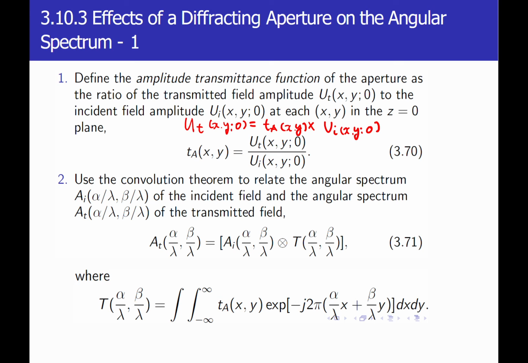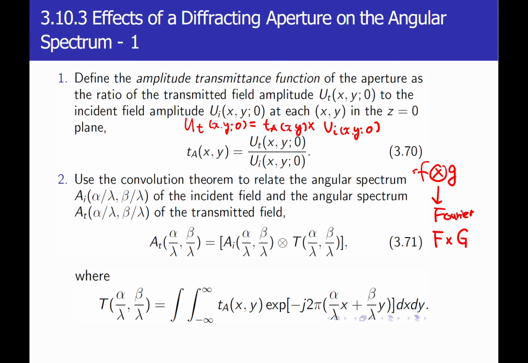And remember that in the convolution theorem, we have learned that the convolution of f and g in real space, if you do the Fourier transformation, becomes simply a multiplication.